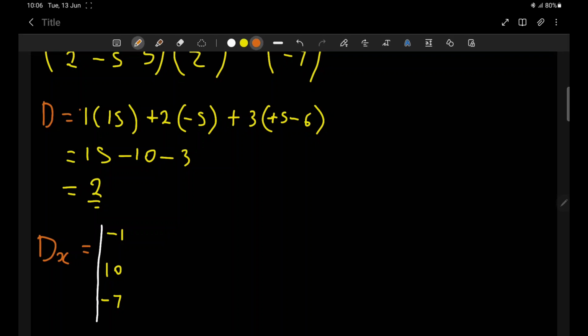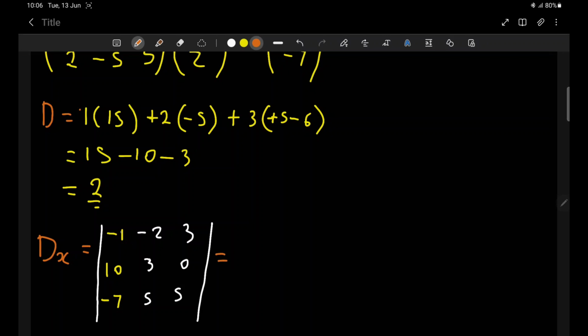Then for the rest of the elements, we'll maintain them. So that is -2, 3, and 5. Then we have 3, 0, 5, like that. Okay. Then we solve for the determinant of this matrix.